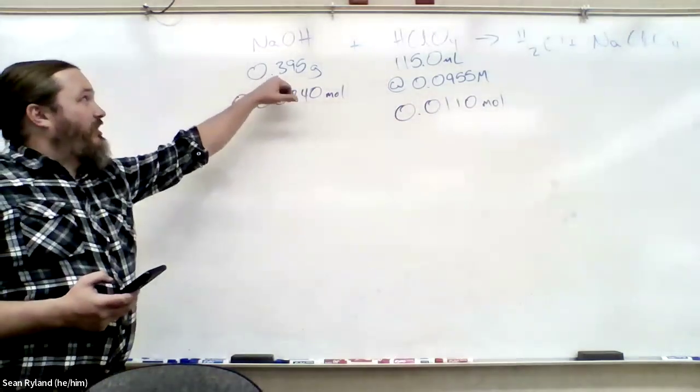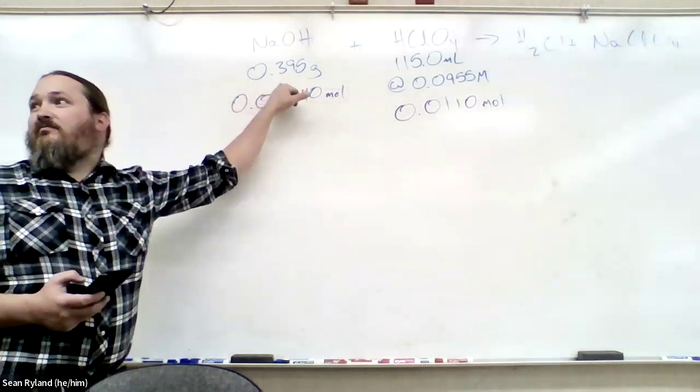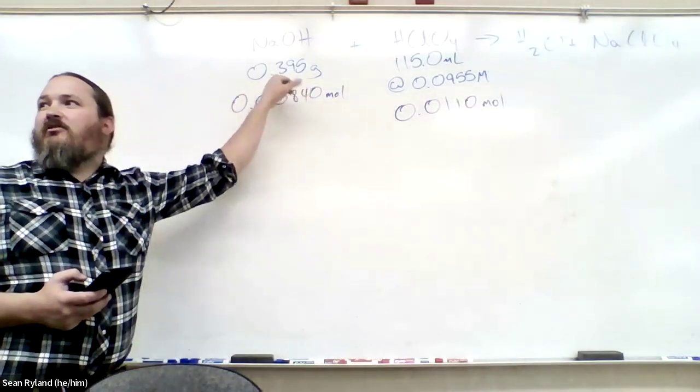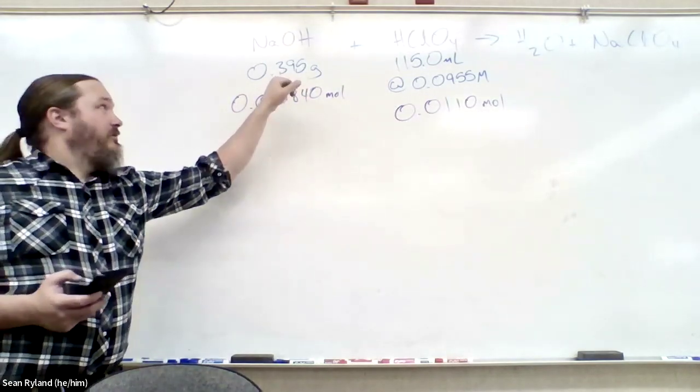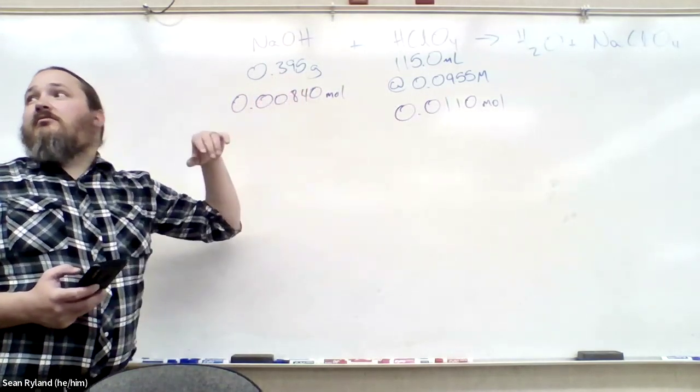It should be something pretty close to an even power of 10, because I know the molecular weight of sodium hydroxide is really close to 40 on the nose. 0.00988.